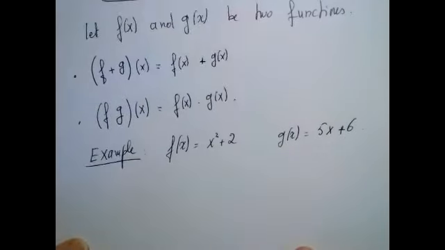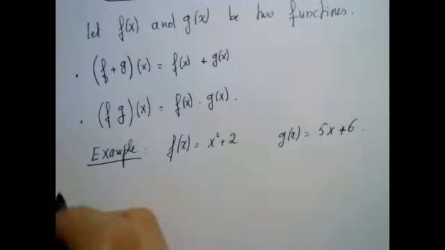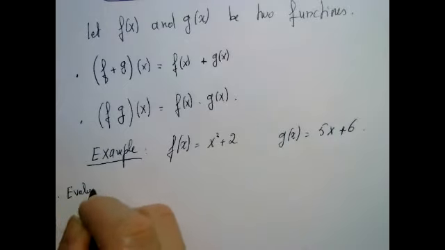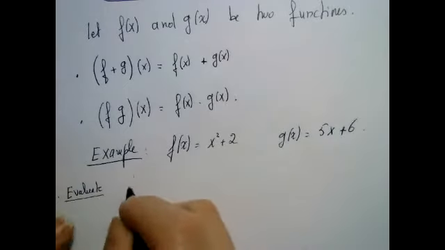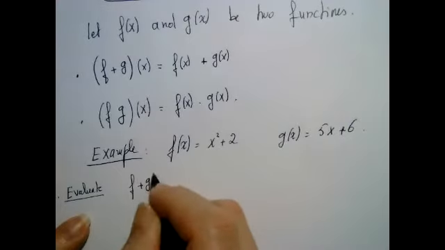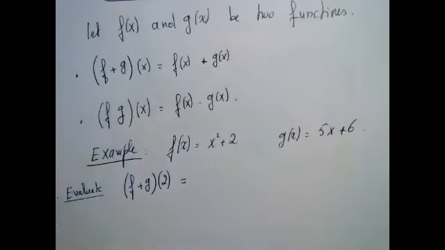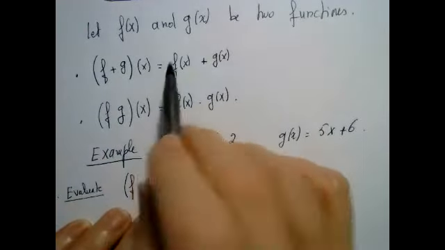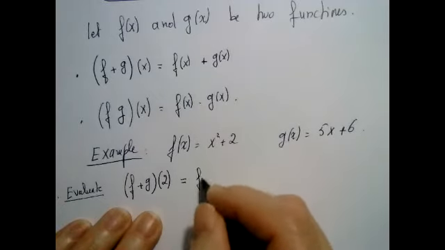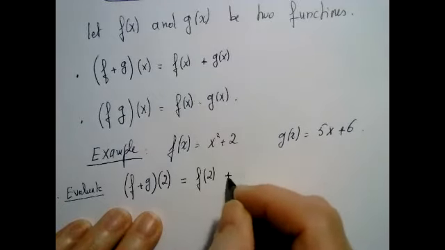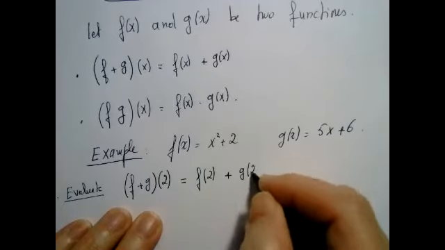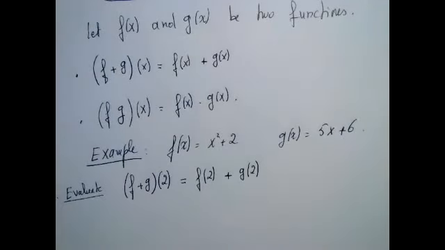Okay, these are my rules. Then I ask you the following question. Evaluate, it means find the value of f plus g of 2. Okay, what does this mean? F plus g of 2, this means the following. As simple as that. It means you take f at 2 and you add to it g of 2. So that's really what this notation means.